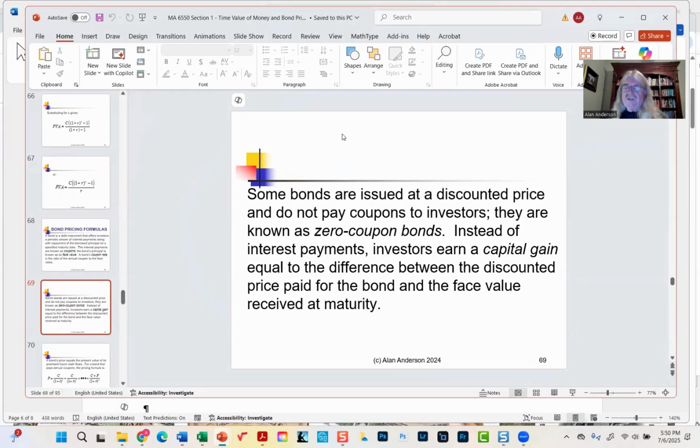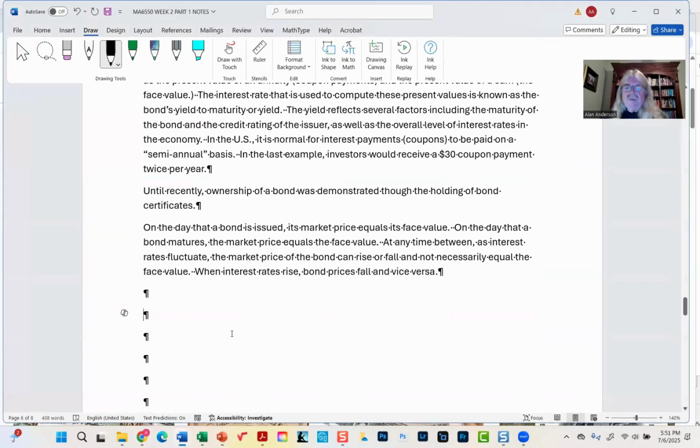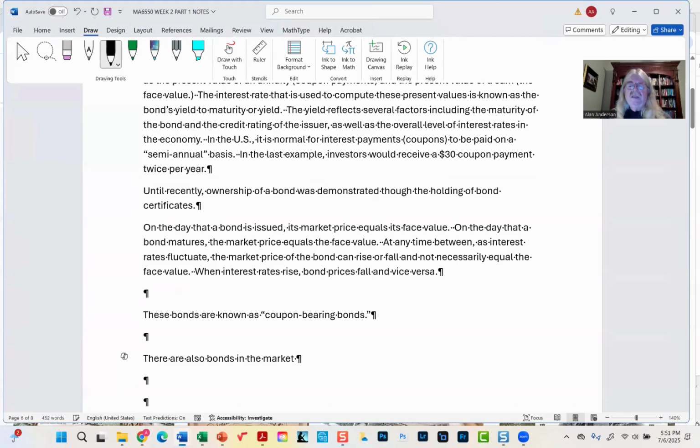Oh, by the way, just as an aside, there's another type of bond out there. These bonds are known as coupon bearing for obvious reasons. There are also bonds in the market that do not pay any coupons.